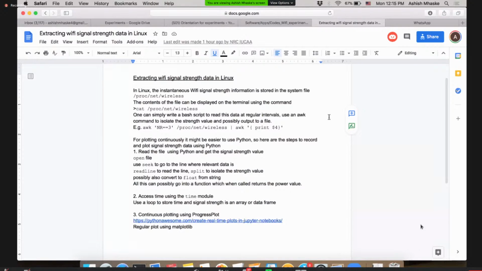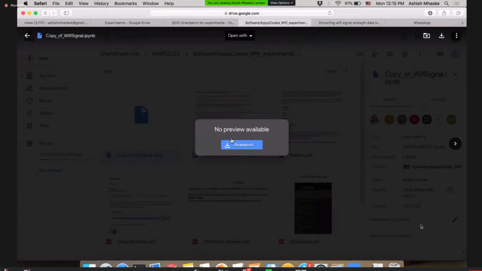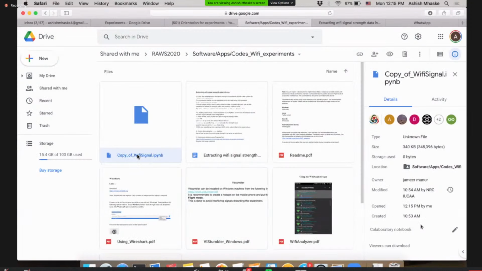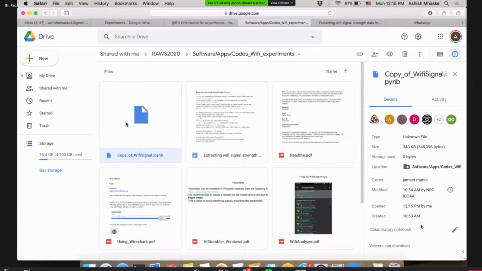Ashish, can you show the Python script quickly? You might have to open it in Colab if possible. Click on open with and say Colab. I don't have that installed. Maybe you can share your screen. Let me see if my signal strength is a bit unstable.